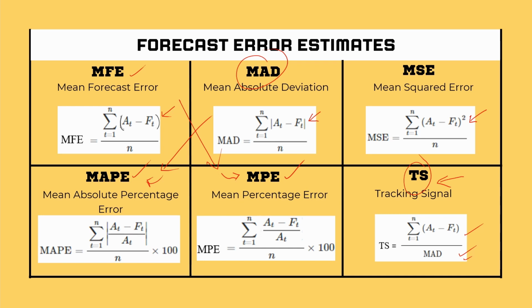For the others, such as MAPE, MPE, MFE, MAD or MSE, we calculate in the last period, that means the average of all the periods in the last period. But for the TS measure, we will calculate the TS value in each period. So let us come to the spreadsheet in order to illustrate and apply these formulas so that you can understand it very well.